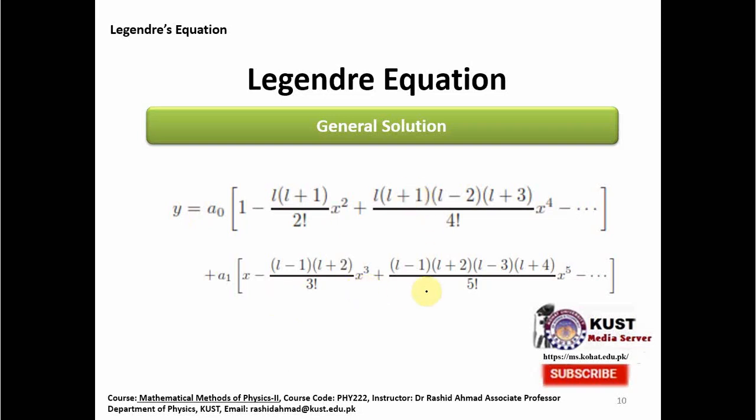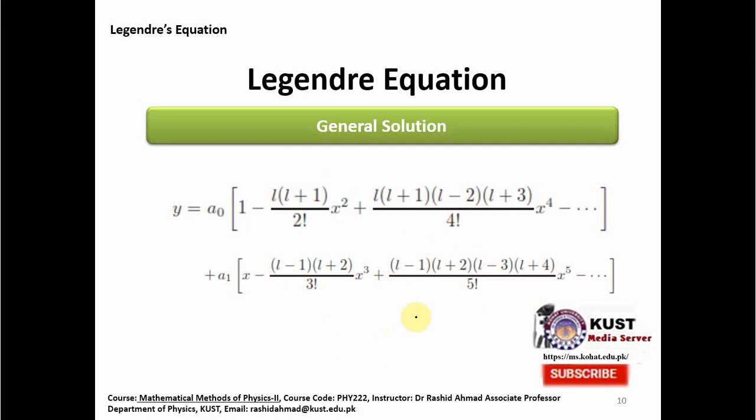There are interesting properties associated with this Legendre equation solution, and we will see that whenever one of these series diverges for some values, the other one actually terminates after some terms. So if one diverges, the other will terminate, and vice versa.